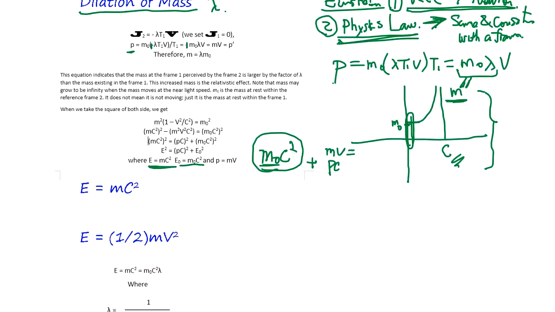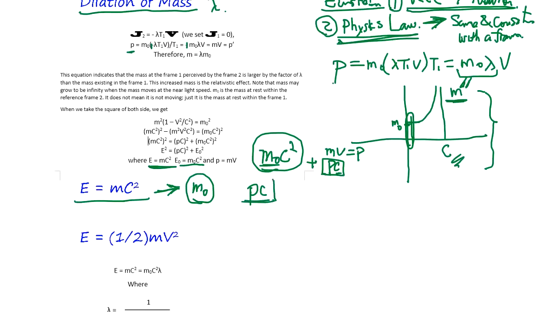P is mv, momentum, times c. So this is kinetic energy. So when a particle is moving at the speed of light, E equals mc squared, and that contains both. m0 is the intrinsic energy; every mass is energy. Okay, and plus kinetic energy.